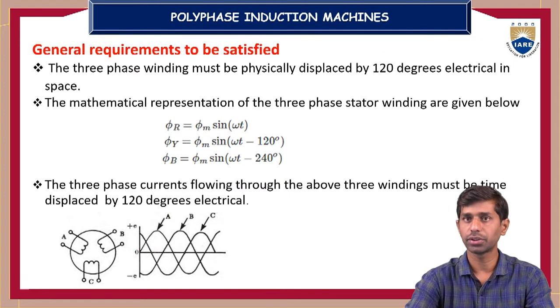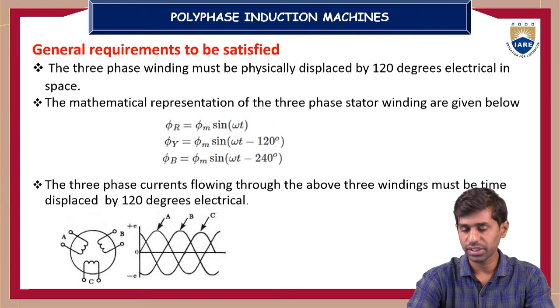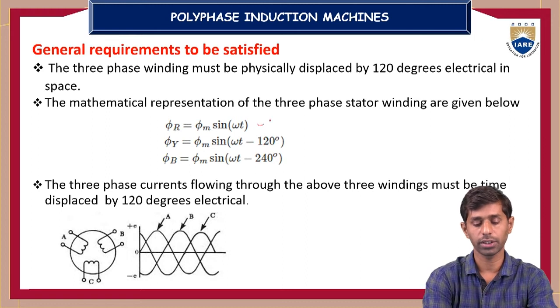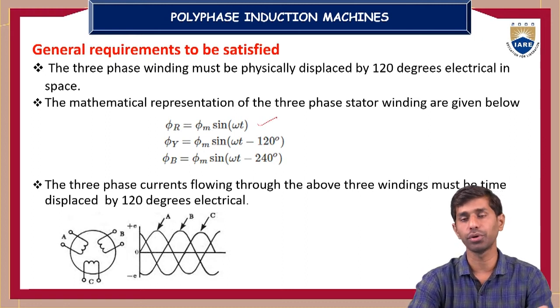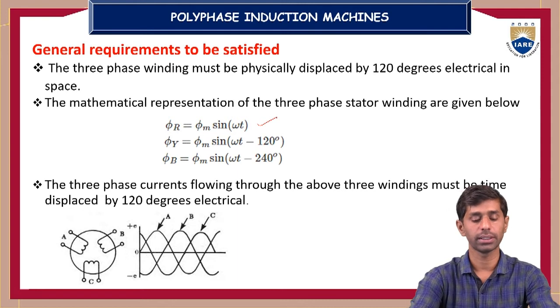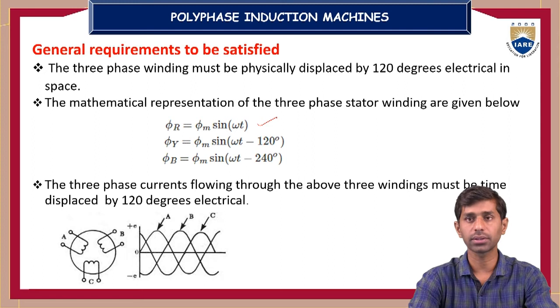The general requirements to be satisfied for producing a rotating magnetic field: the three-phase windings must be physically displaced by 120 degrees electrical in space. The mathematical representation of the flux produced by these three phases, which I am naming R, Y and B: phi R, the flux produced by R phase, is phi m sine omega t, where phi m is the magnitude of flux developed.